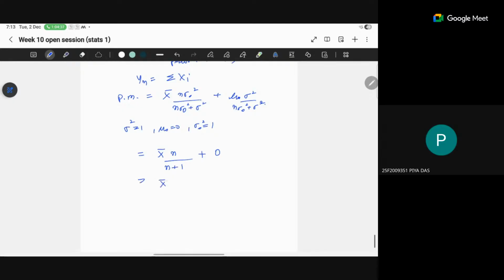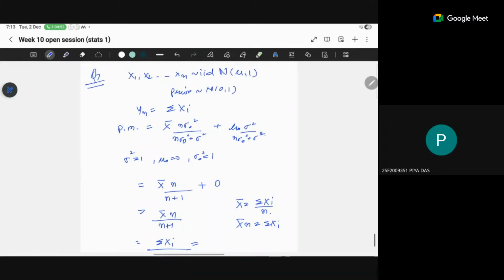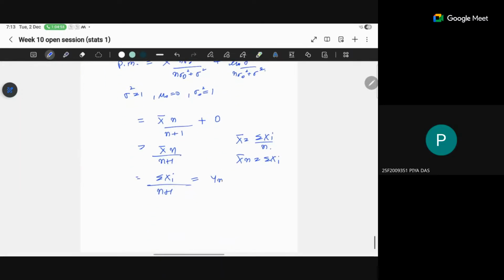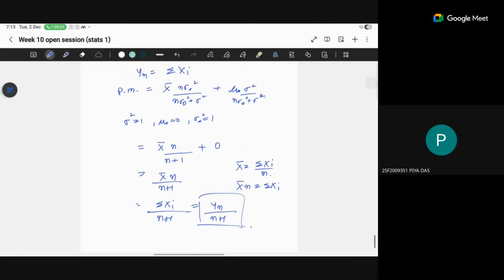So this is x bar into n upon n plus 1. Now what is my x bar? X bar is summation of xi divided by n. So x bar into n will be summation of xi. So I can write this as summation of xi divided by n plus 1. And according to the question, my summation of xi is yn. So this will be yn upon n plus 1. That's it. Understood? Okay.